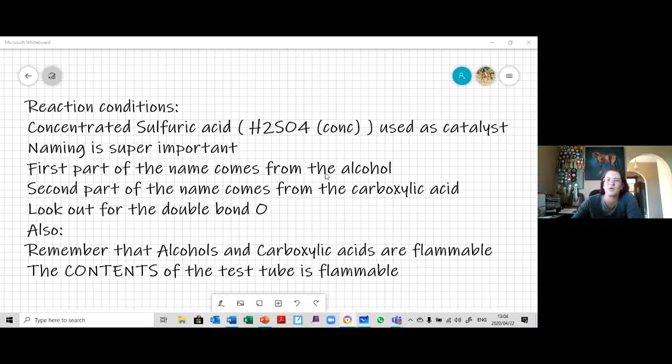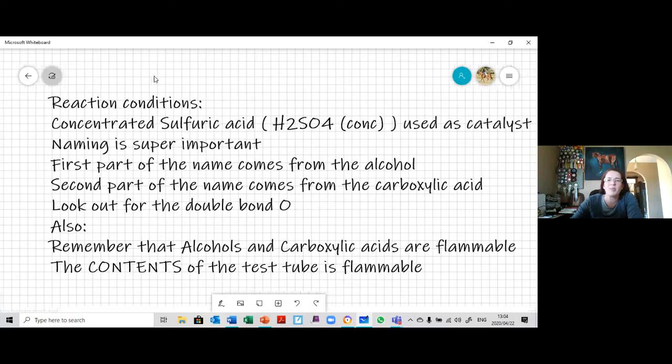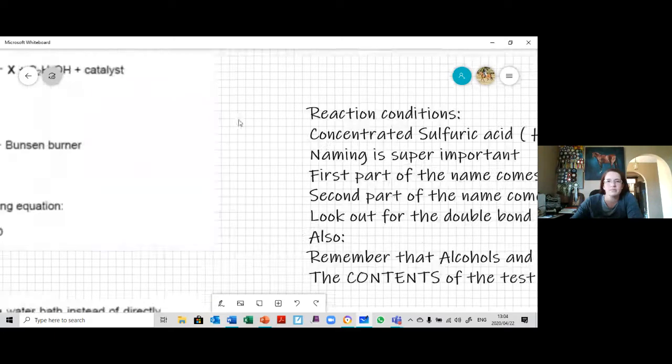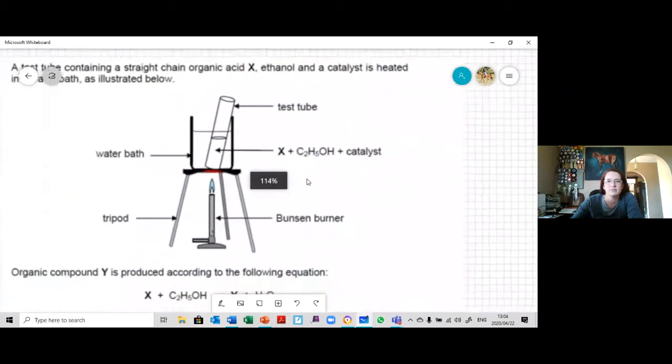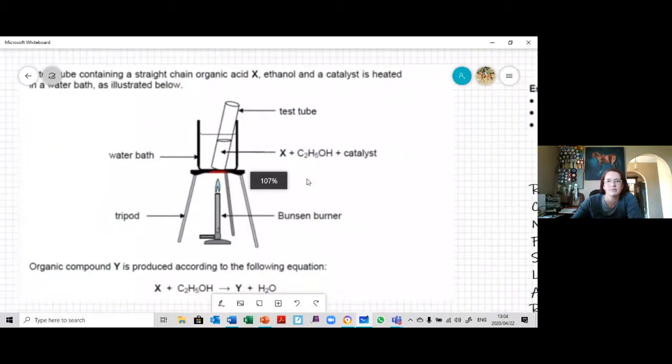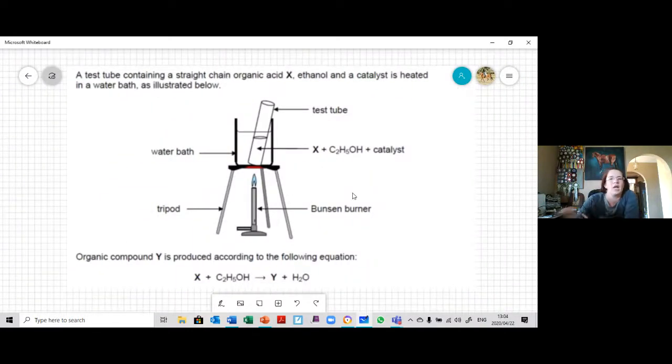Okay, right. I'm going to go back to the question. I need to zoom out. So I have ethanol. Ethanol is my alcohol. The organic acid is the one that I don't know what I have. And they give me a reaction equation.